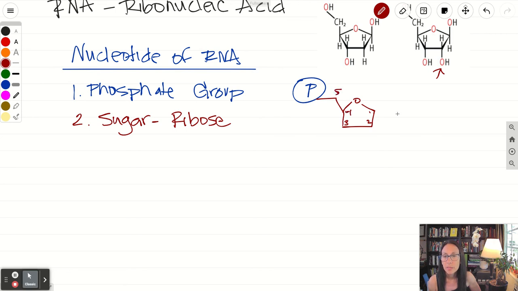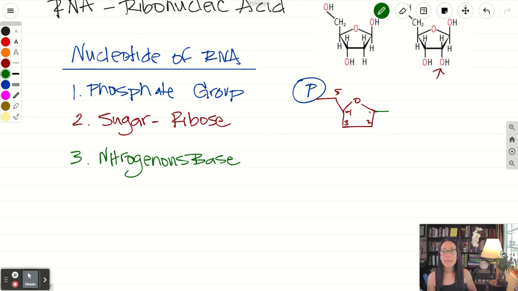Okay, then the third part is again a nitrogenous base. And the nitrogenous base is also attached to the number 1 carbon. And for RNA, there are again 4 choices. However, one of the choices is different than in DNA.